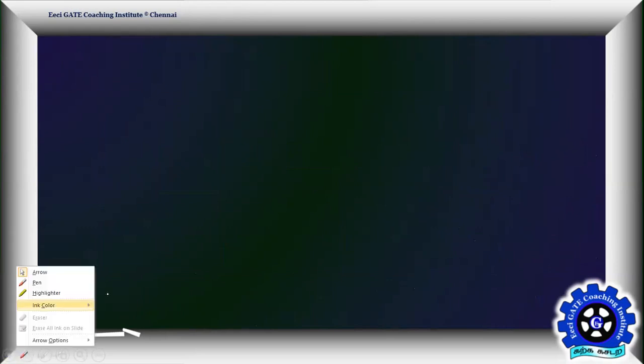Next, coming to the next slide. Deformations, axial deformation. Wait a minute. Remember our aim: what are the things we need to discuss in the entire axial loading diagram?